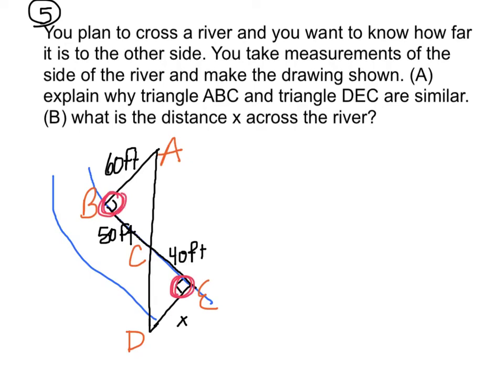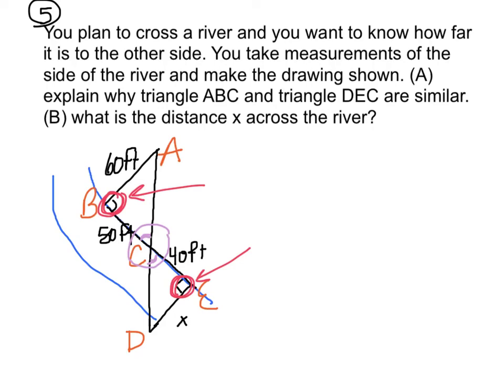Look at these two angles. We know that the 90-degree angle here and the 90-degree angle here are the same. But we need one more set of angles that are the same. Where are they? They're right here. What do you know about these kind of angles? This angle and this angle are vertical. We don't have to know what the angle measures are, but we do know they're equal.